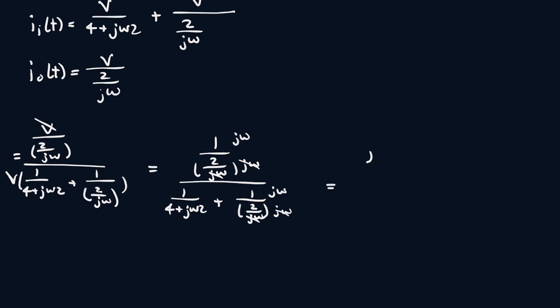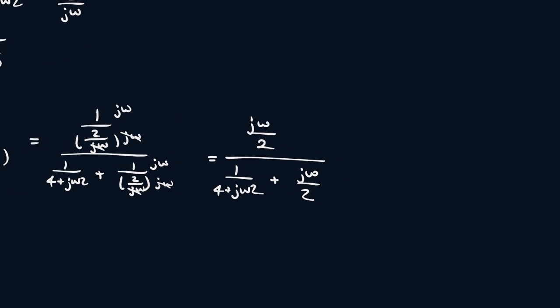So this will be JW over 2 all over 1 over 4 plus JW2 plus JW over 2. Okay, and what I'm going to do next is times the top and bottom by 4 plus JW2.